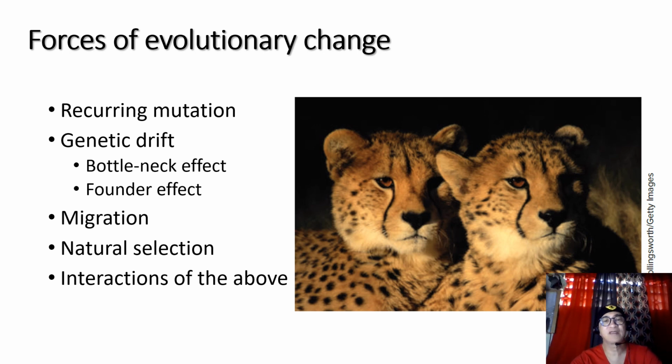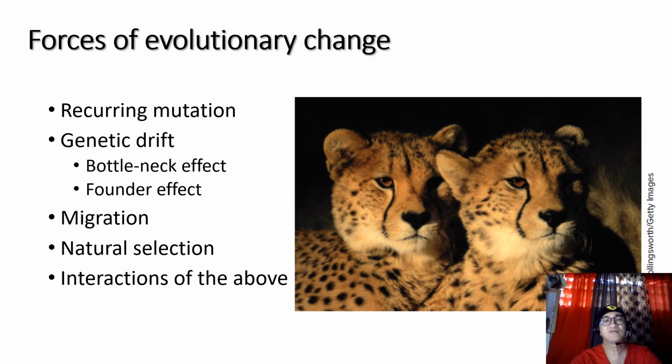Bottleneck effect is when an event that drastically reduces the population size, whereas founder effect results from the migration and colonization of a small group of the population to a new location, which often limits the gene pool among the population. That in turn affects how the genes are exchanged or transferred among their offsprings.